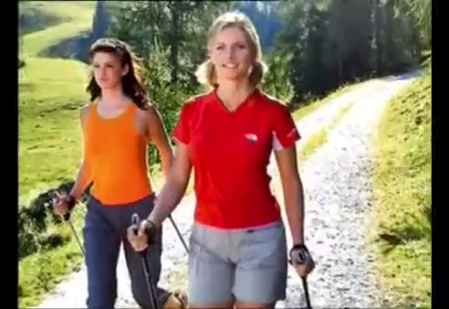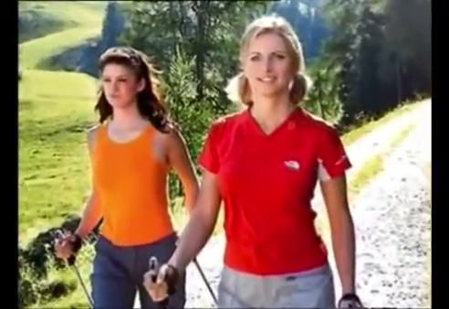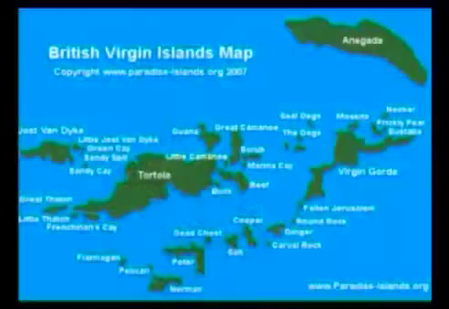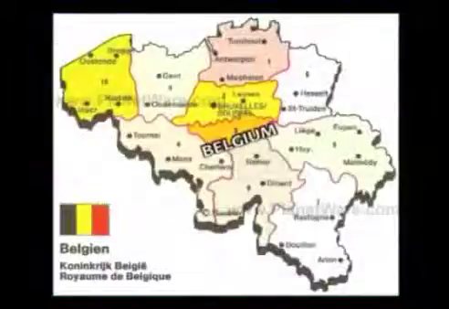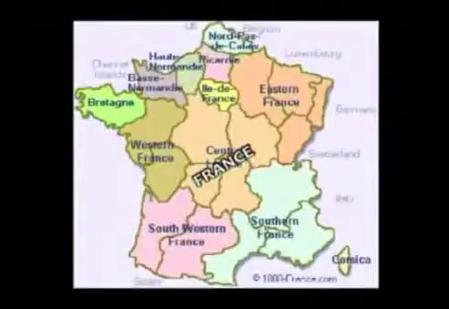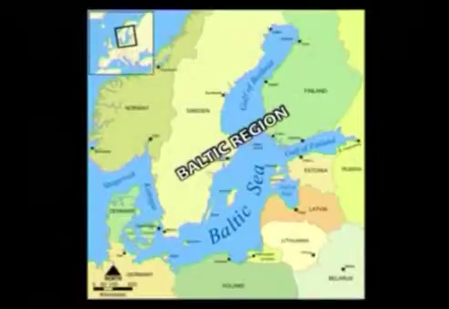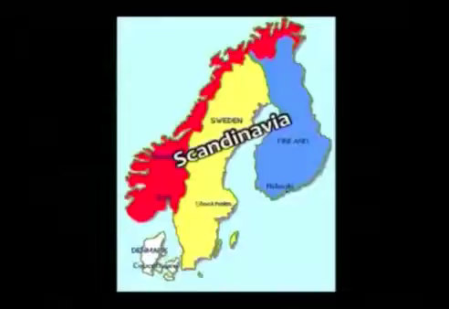Nordic. The Nordics are generally tall people with pinkish or reddish white skin color. They are distributed in the British Isles, Belgium, France, Northern Germany, Netherlands, Baltic region and Scandinavia, also in various parts of Europe and United States and British colonies.